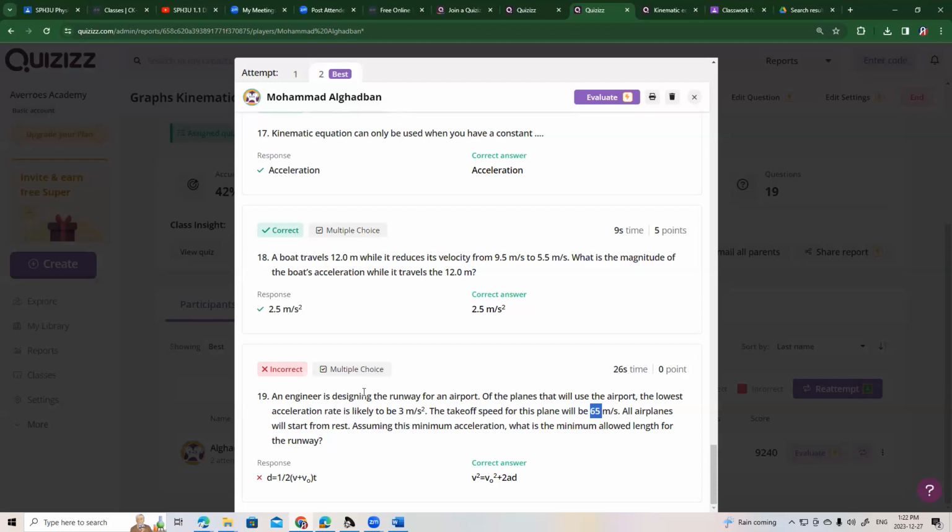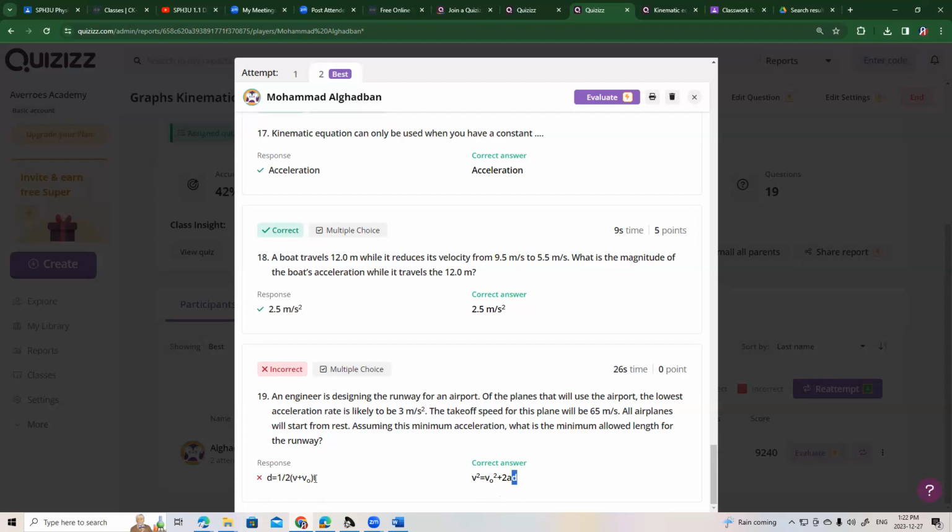Okay, we can use that formula. Or, okay, what do we need to find? Maximum allowed length of runway. Okay, so to solve in one step, actually we can rearrange this formula for distance. Yeah, initial speed was 0, final 65, acceleration is 3.